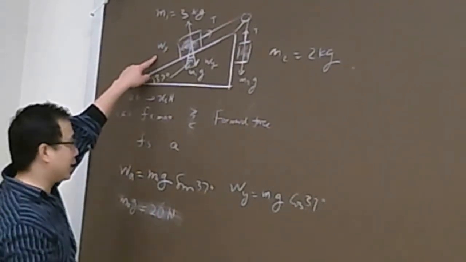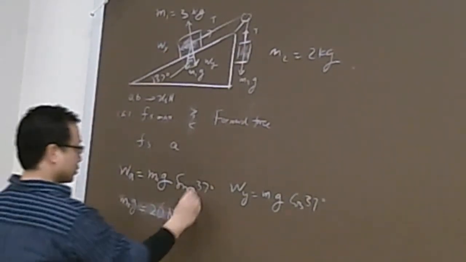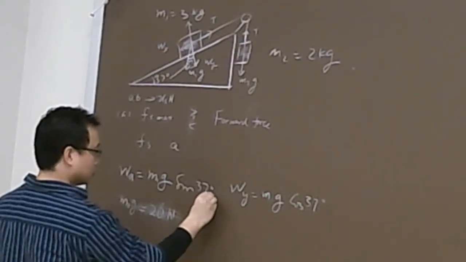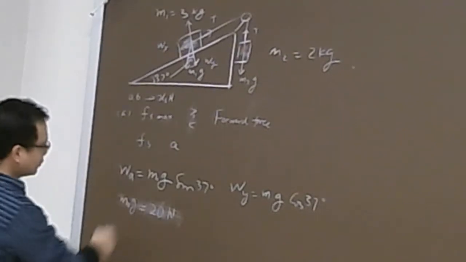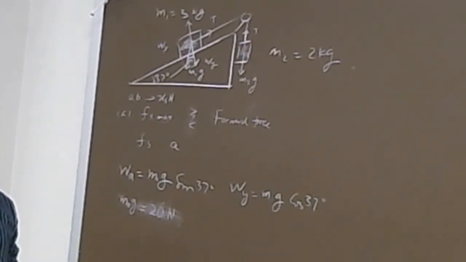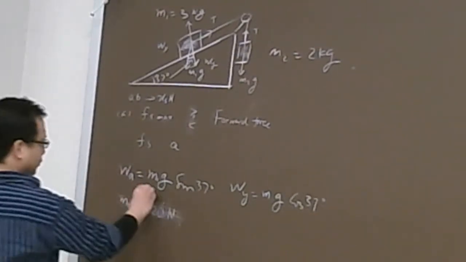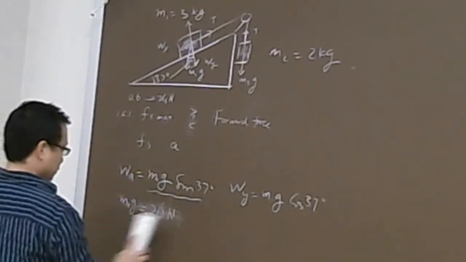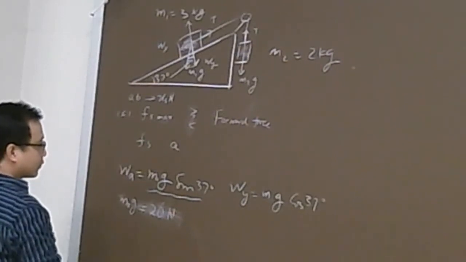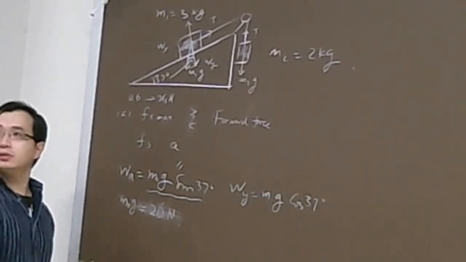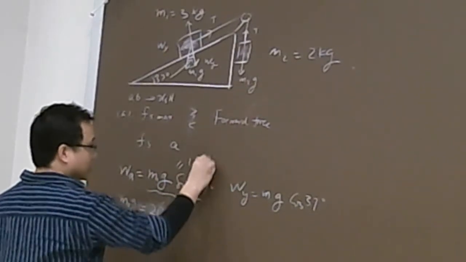And let's calculate Wx. Wx equals m1 multiplied by g, 30 multiplied by sine 37. What do you get for m1g sine 37? 18? Okay, this is 18 Newton.